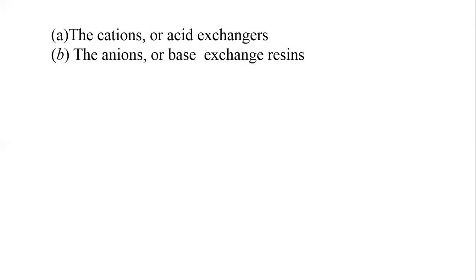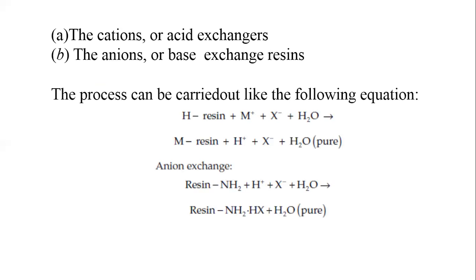This can be explained by the following equations. We assume that M positive is the metal or cation, for example, sodium ion, and X negative is the anion, for example, chloride ion. Hydrogen will be in the first column, which is the acid exchanger. Hydrogen that is present in the resin is replaced by the cation present in water.